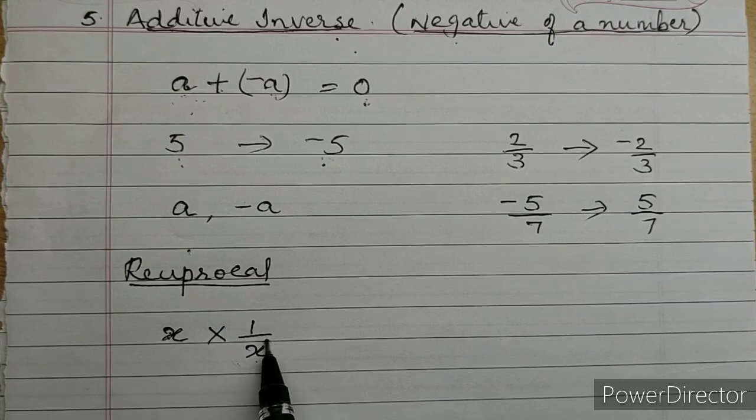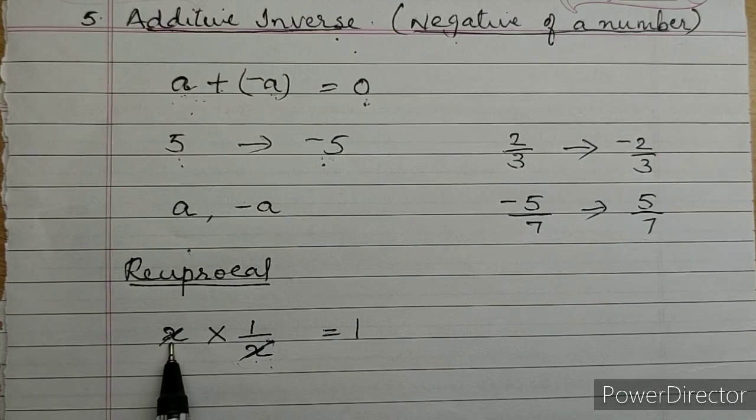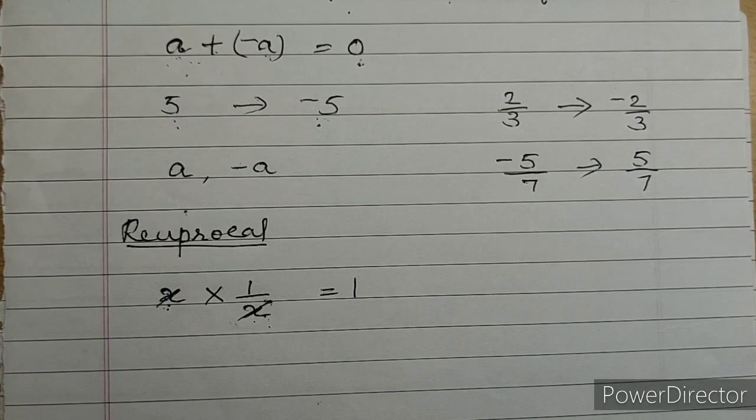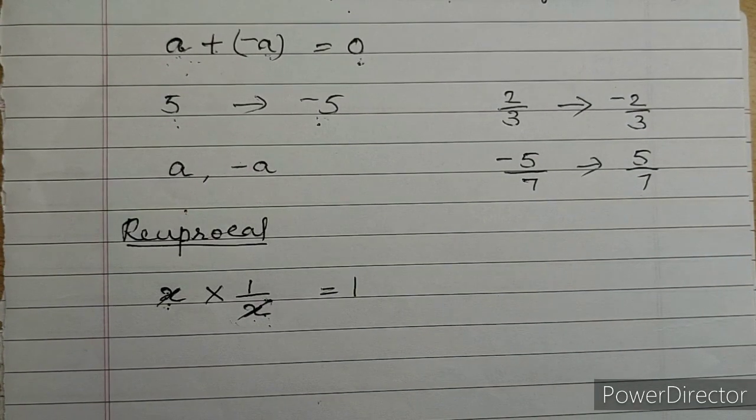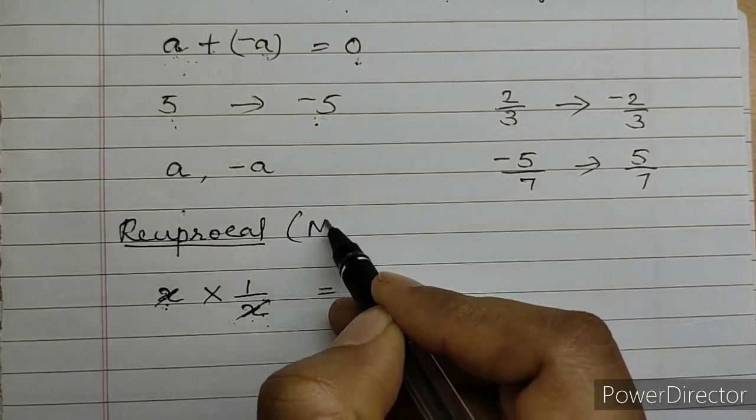The reciprocal of x is 1 by x. Just take the numerator as denominator and denominator as numerator. You can cancel this, and you will get 1 as the answer. If you are getting that, it means x is the reciprocal of 1 by x and 1 by x is the reciprocal of x. Any number, if you change the numerator and denominator, you will get the reciprocal or multiplicative inverse. You can call it the multiplicative inverse also.